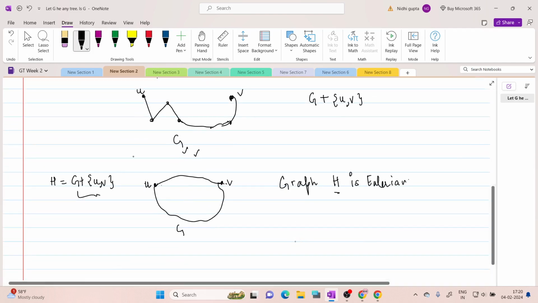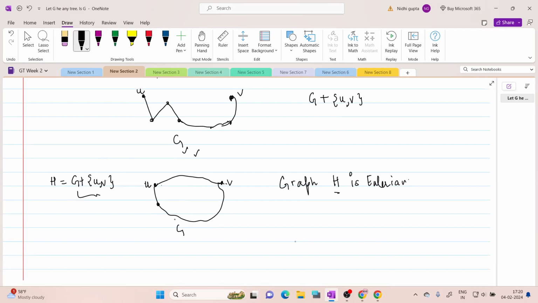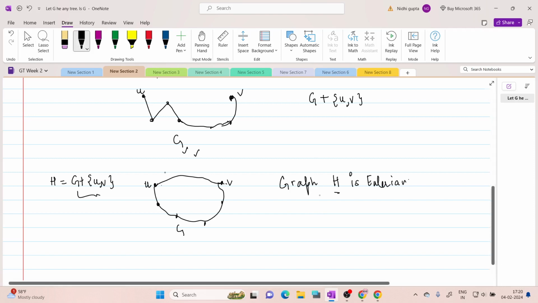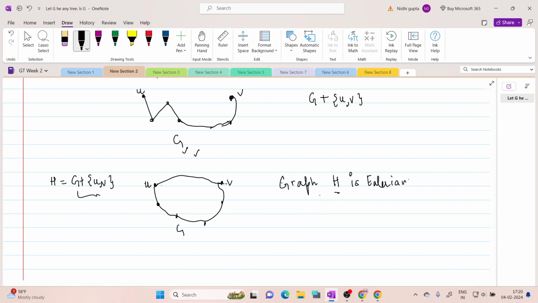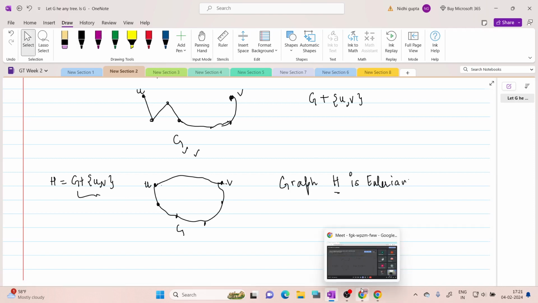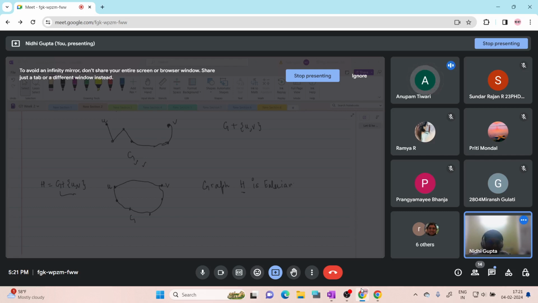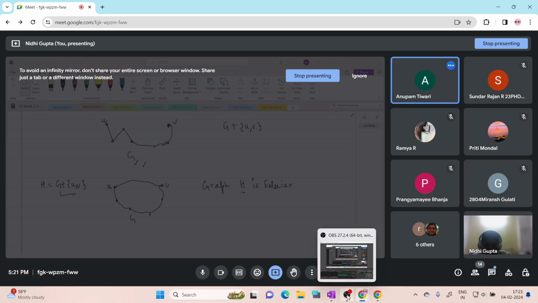Now if G plus UV is Eulerian, what can we say about the degree of vertices of H? Now I'm saying that G plus UV is Eulerian. So in H the degree is even. Yes, good. Even.